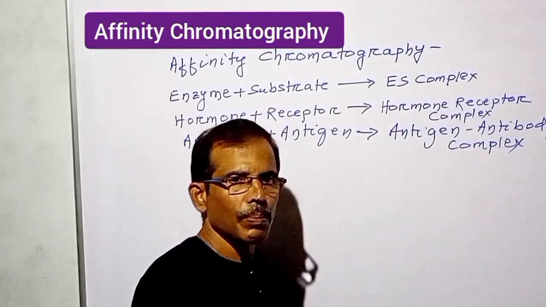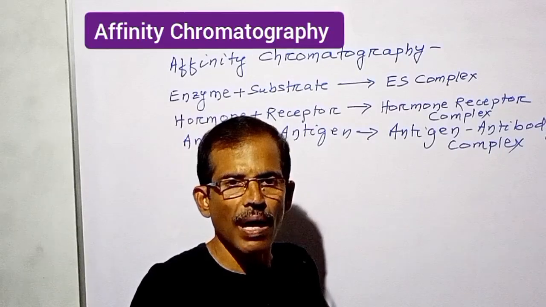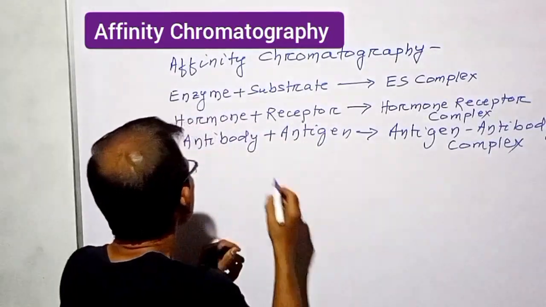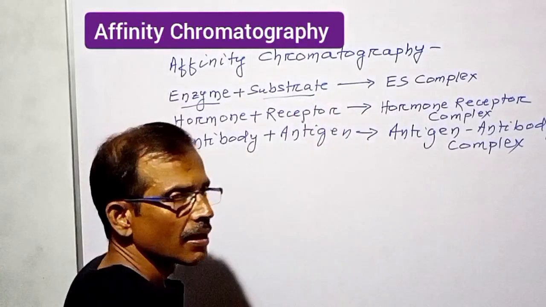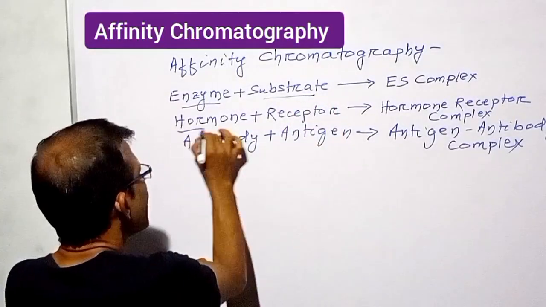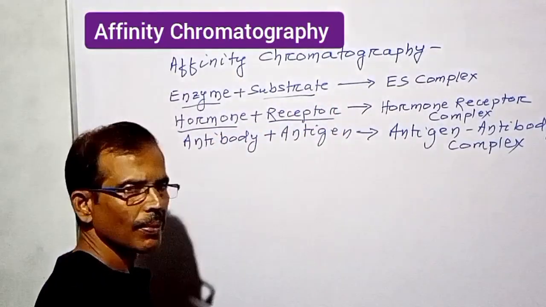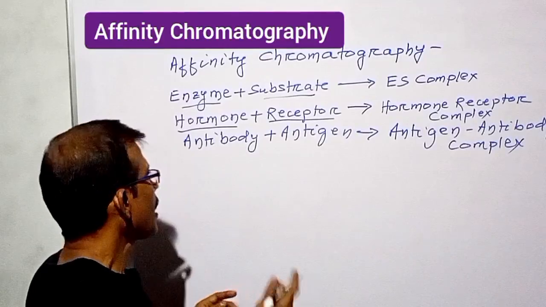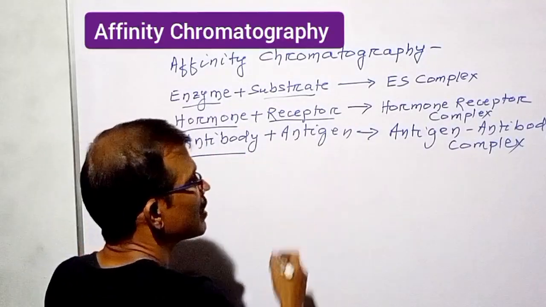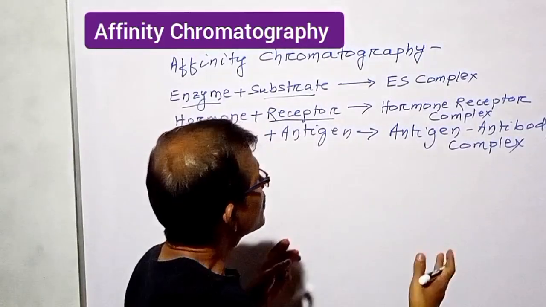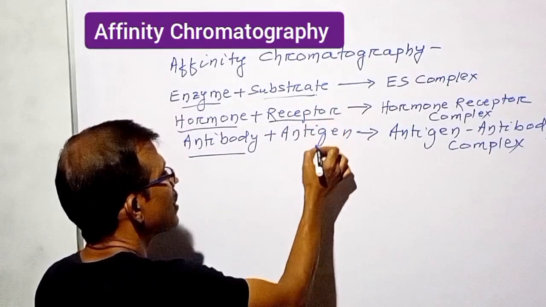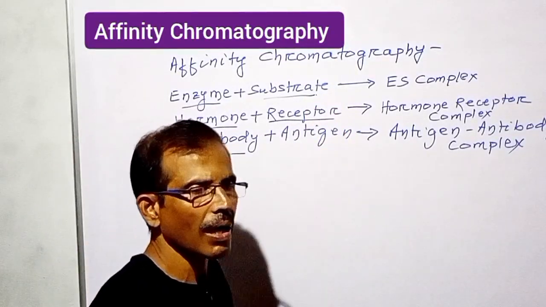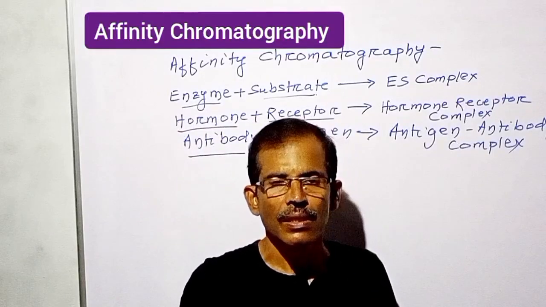These are the examples of amazing biospecificity between an enzyme and its substrate, between the hormone and its receptor, and also between an antibody and its antigen. In these examples, substrate, receptor and antigens are called as ligands.